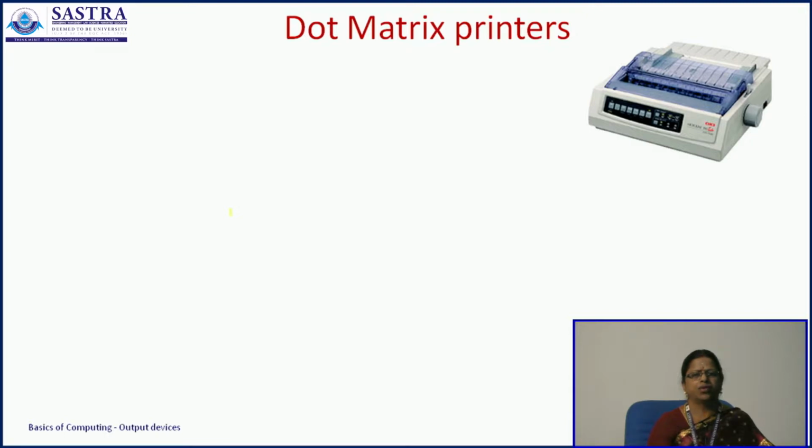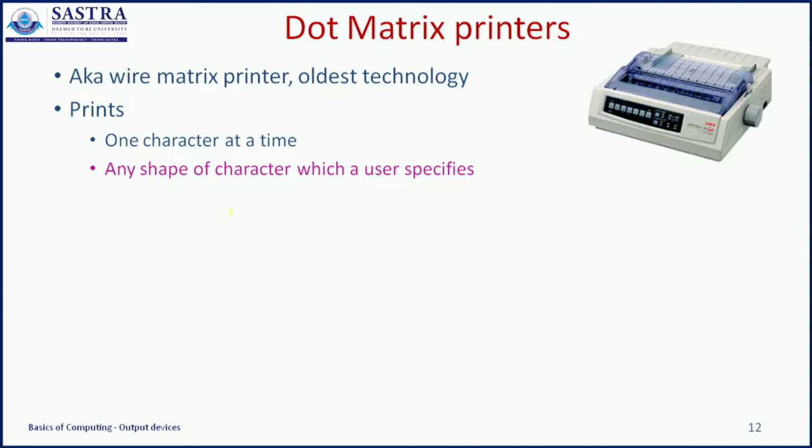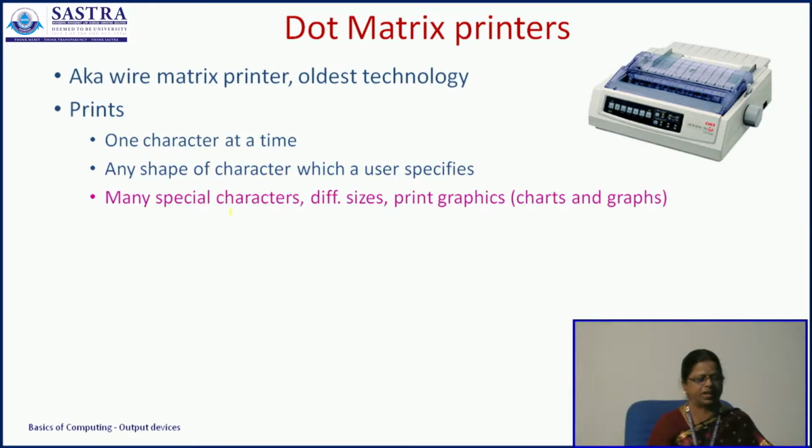Some of you would have seen it, we have used this kind of dot matrix printers. These dot matrix printers are also called wire matrix printers, and it is the oldest technology. It prints one character at a time, any shape of character which a user specifies.